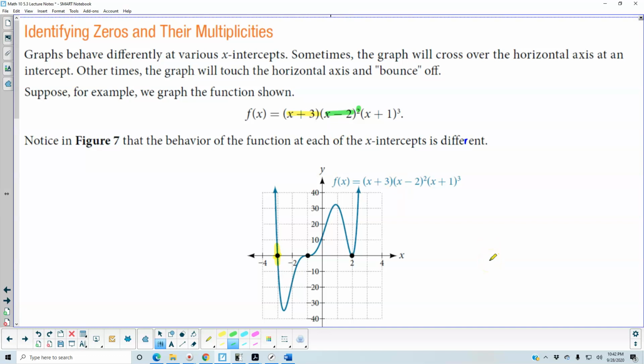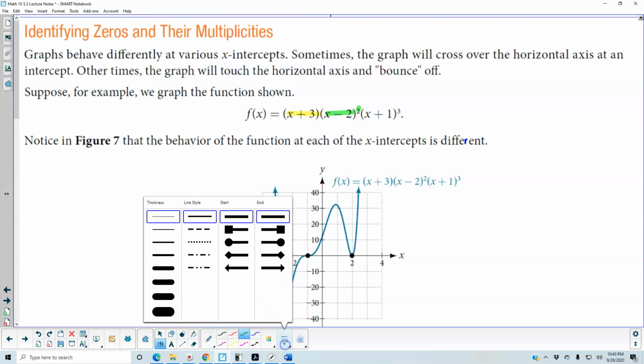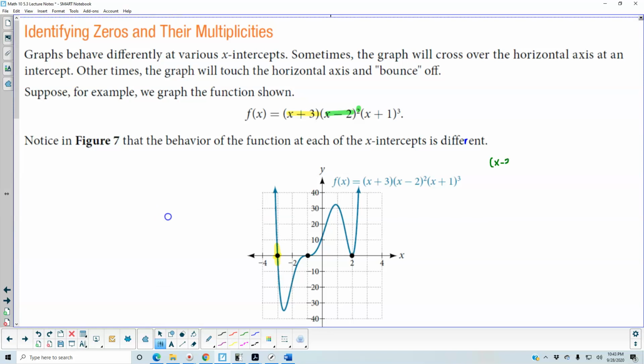So what I mean by that is, let's go ahead and write that out. We have x minus 2 squared equal to 0, which is the same thing as x minus 2 times x minus 2 equals 0. That means we have x equals 2.